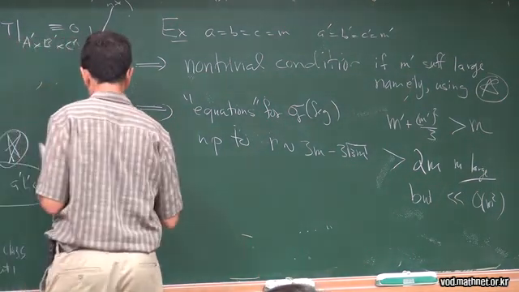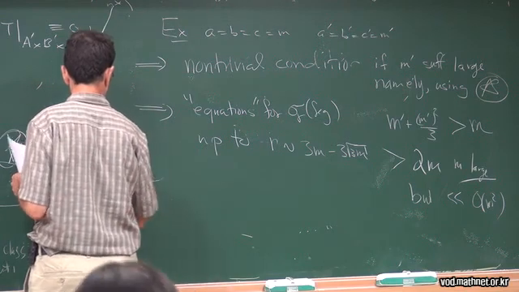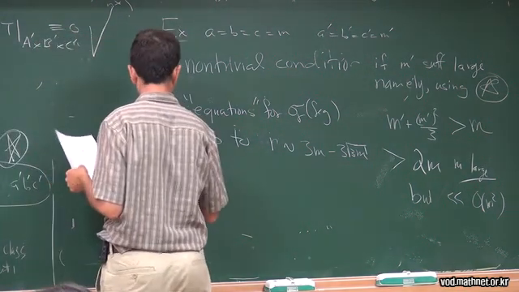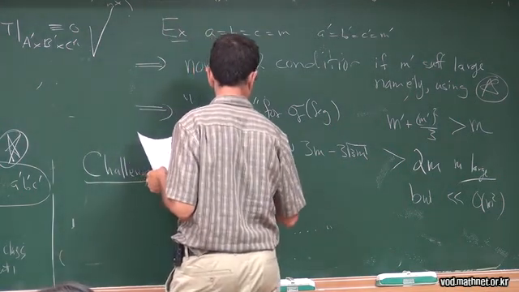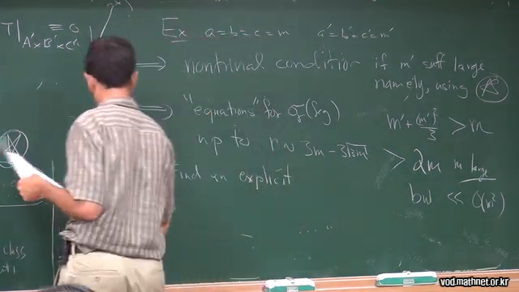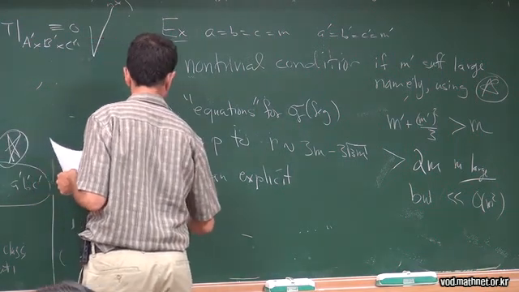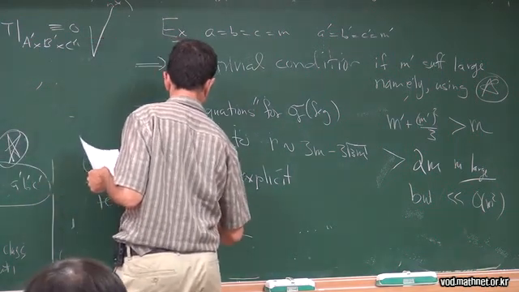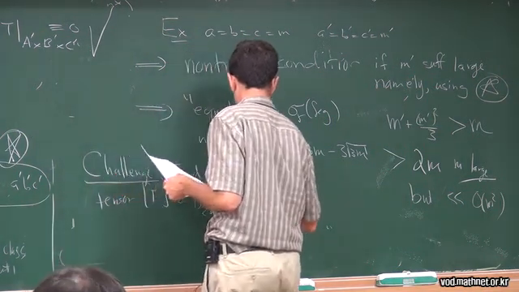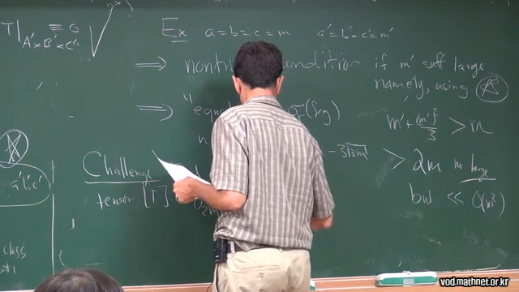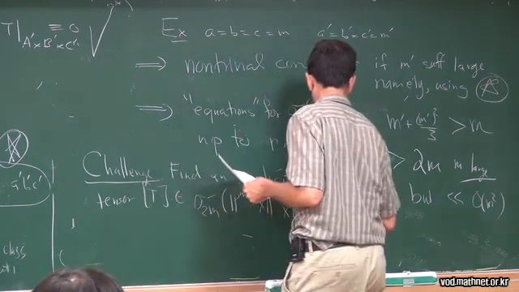So, challenge. Find an explicit tensor T, let's say not in sigma 2m, by this method.